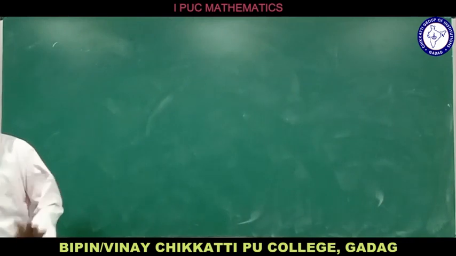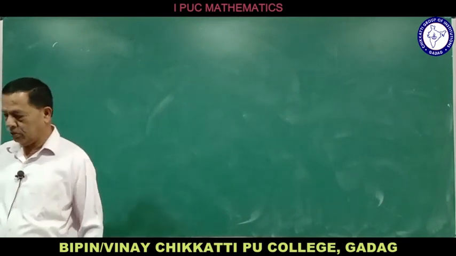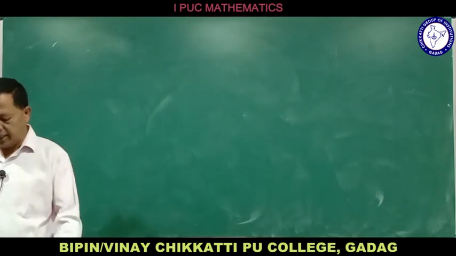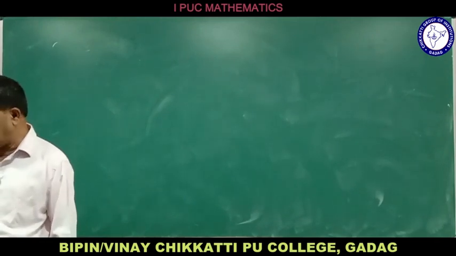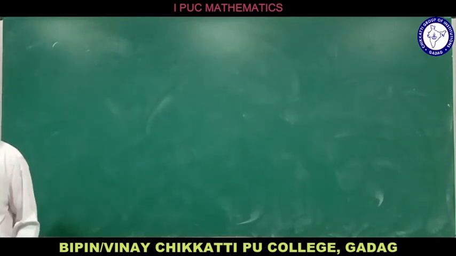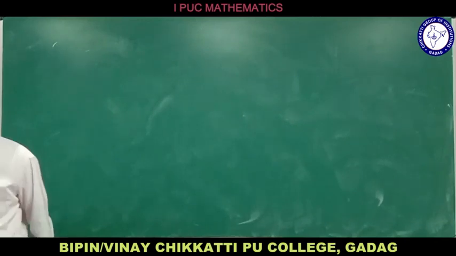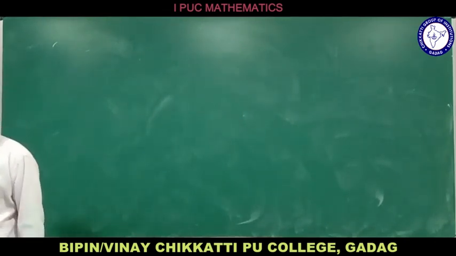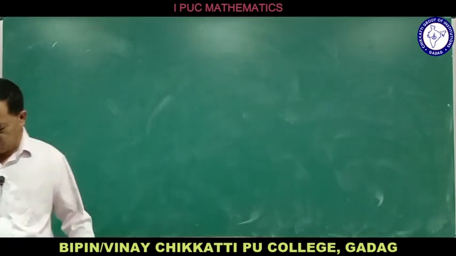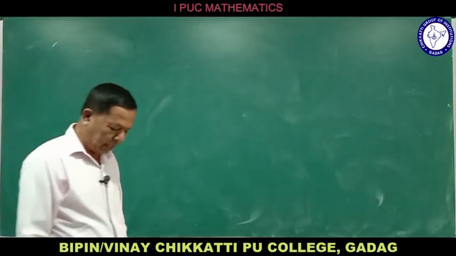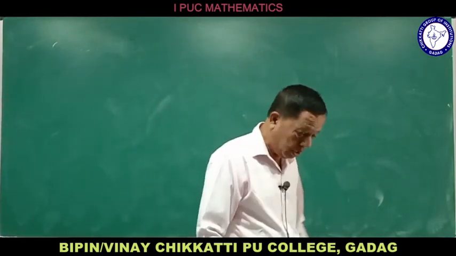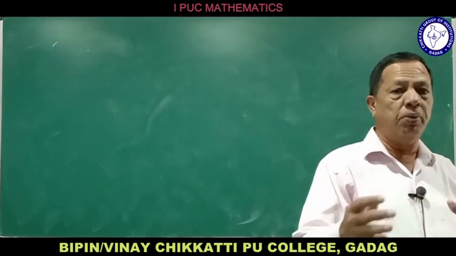Visual representation of a relation. That is all right. When you see the diagram, we can see how the relation is represented. Now, the total number of relations that can be defined from set A to set B. Once again I tell you, the total relations from set A to set B, how many?